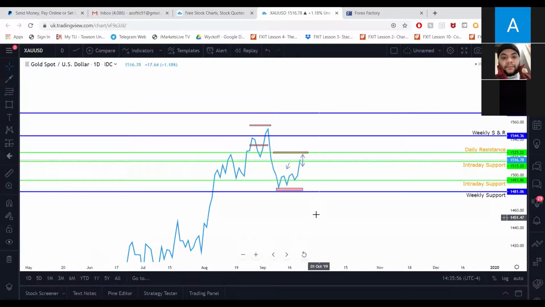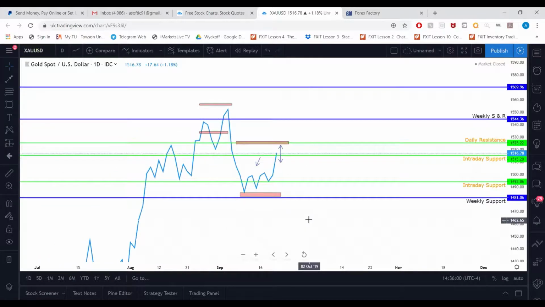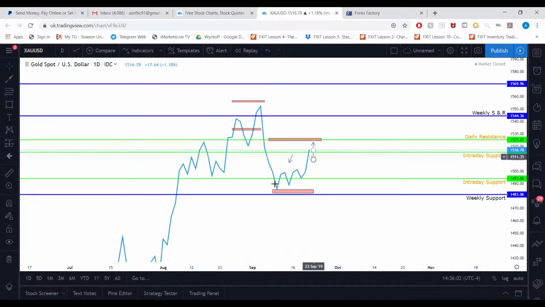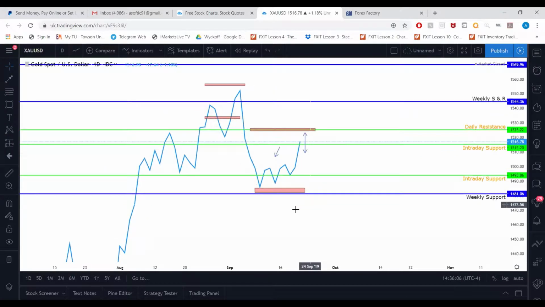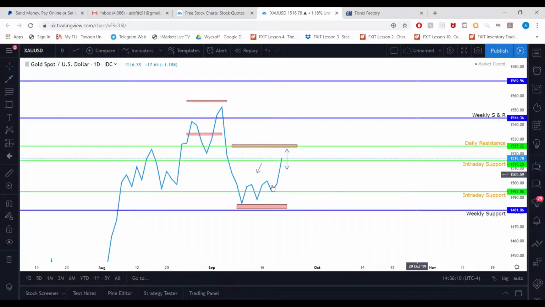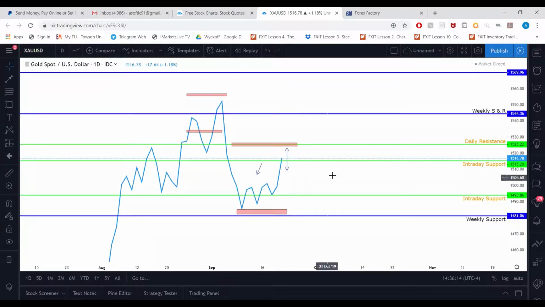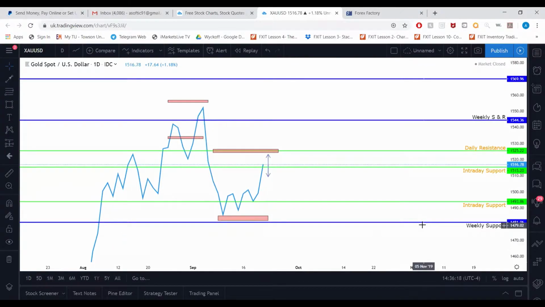So that tells me, for intraday trading, which I do, this can help me decide whether I want to hold my trade longer, or I should take profit, based on some other things too, fibs and candlestick patterns. So I just literally label it weekly support and resistance, as you can see here.